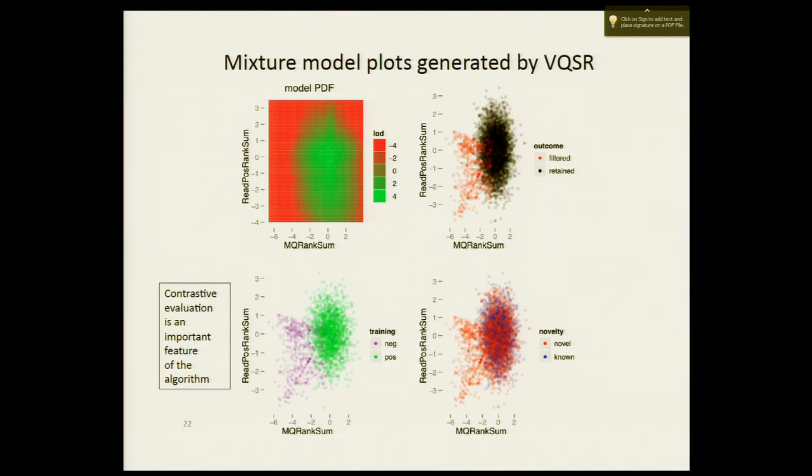The green dots are the ones that overlap those databases. They're in HapMap or they're in the SNP chip, and the purple are simply the variants which were the furthest away from those training sets.